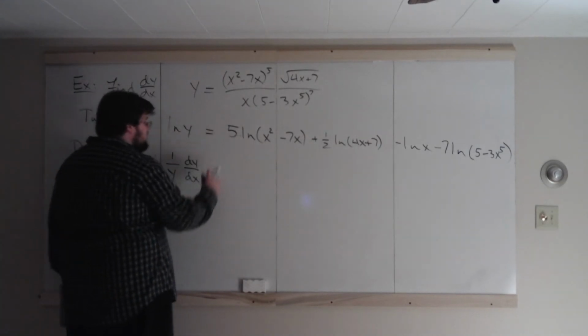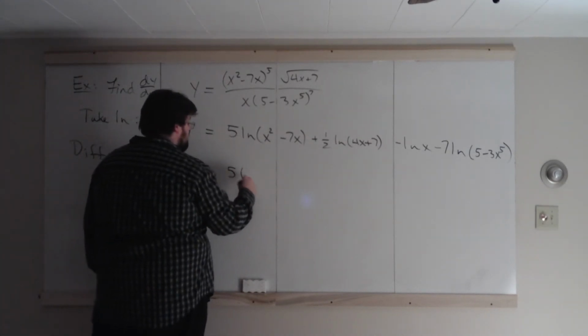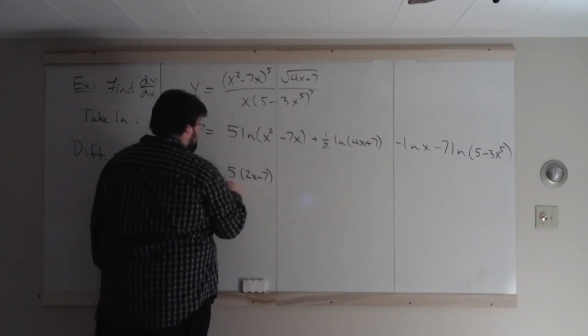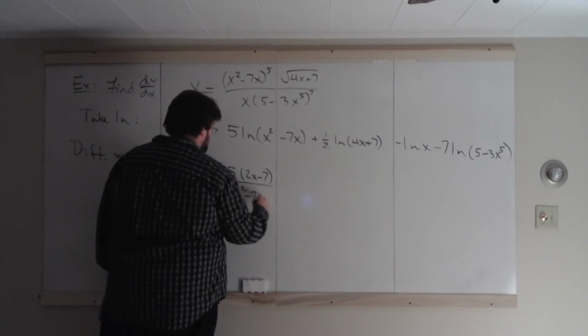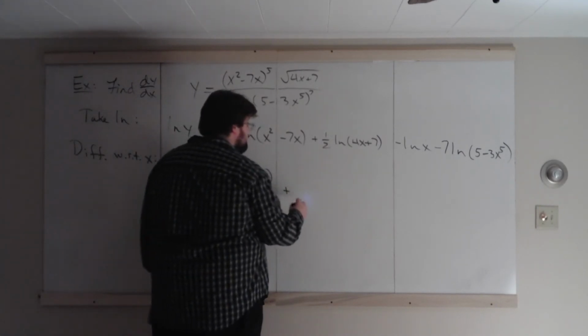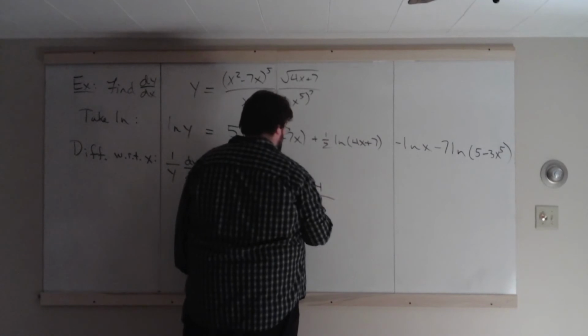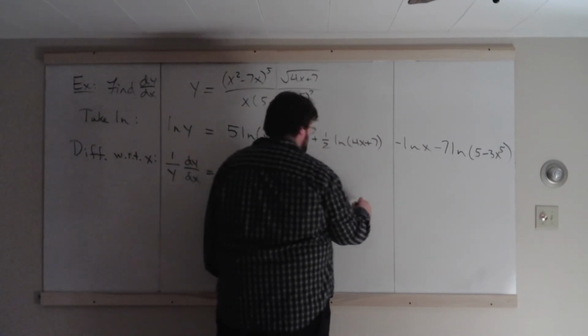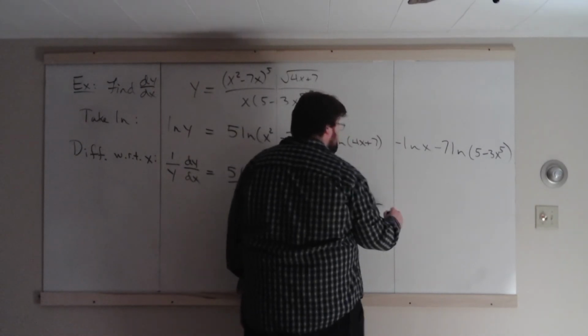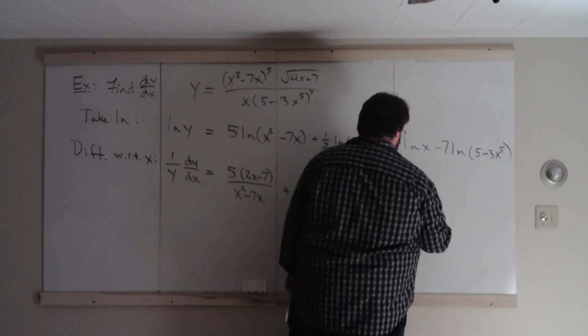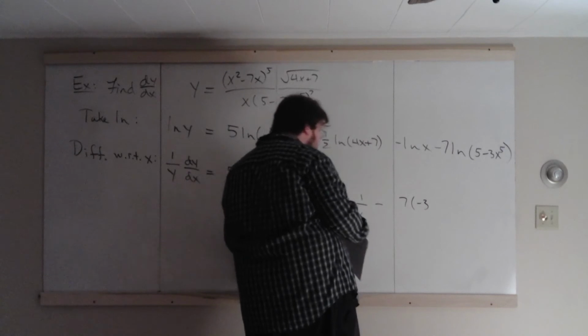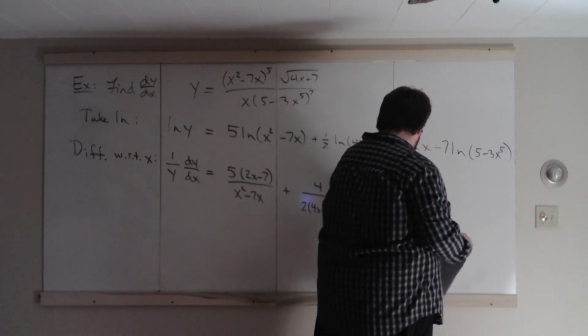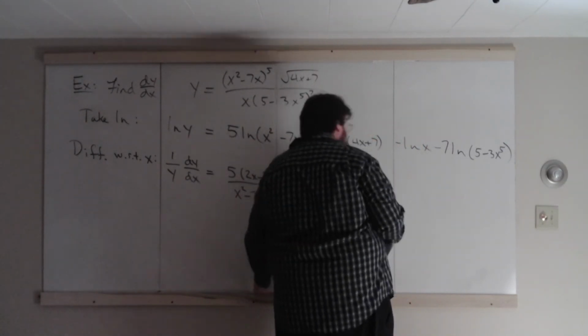The 5 stays there. Now 5 times 3 is not 35. 5 times 3 is 15.